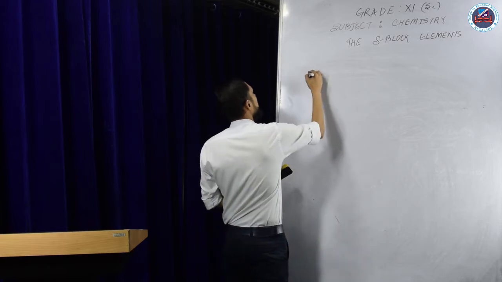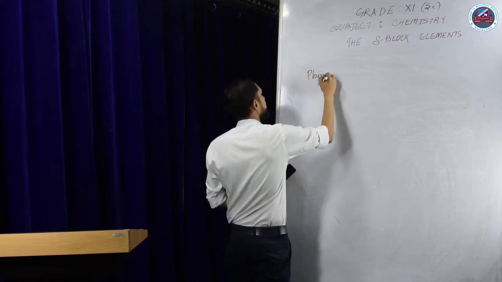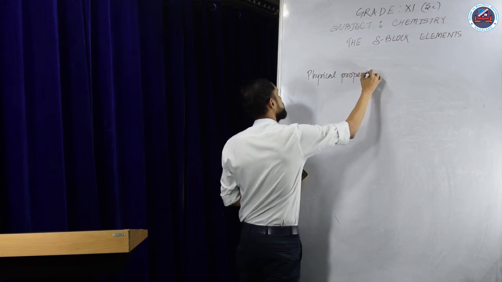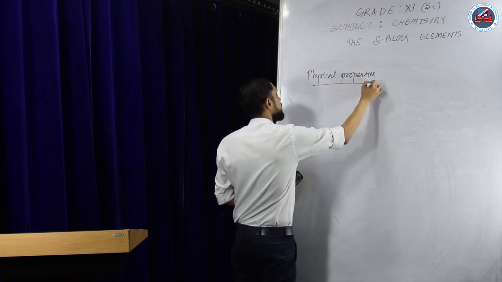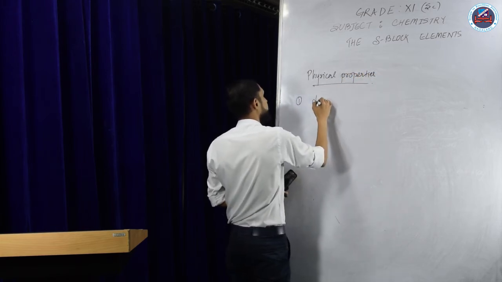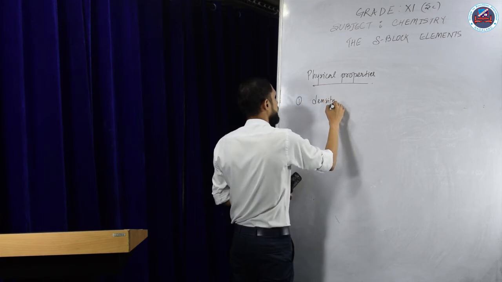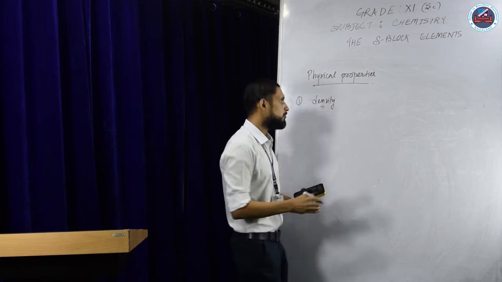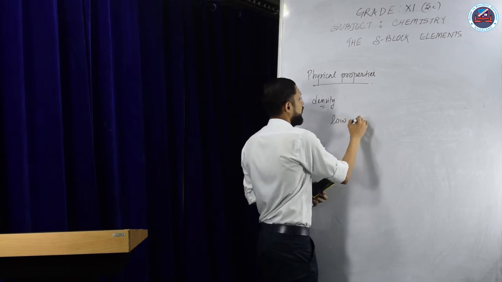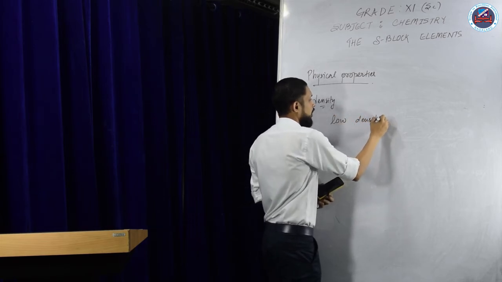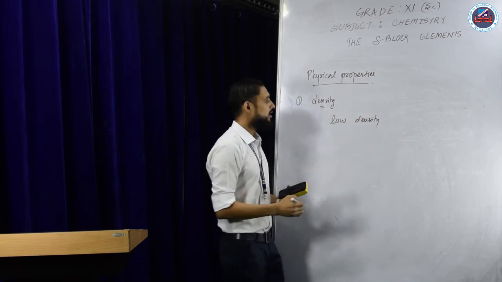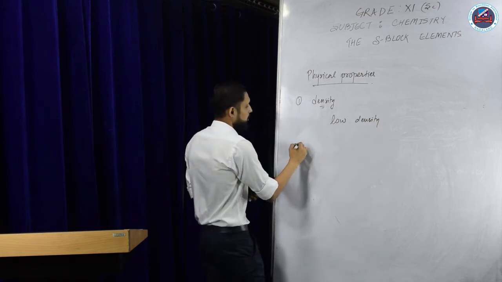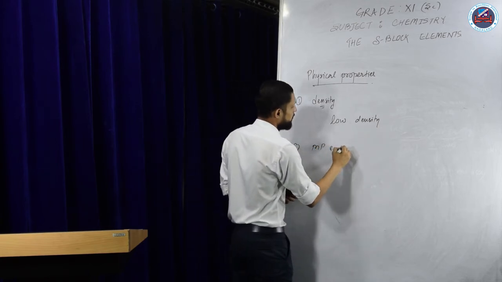Next, physical properties. Density. So alkaline earth metals, that is group 2 elements also, have low density. However, the density increases down the group. Then melting point and boiling point.